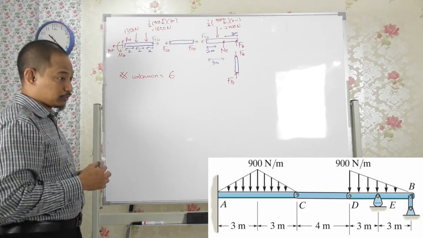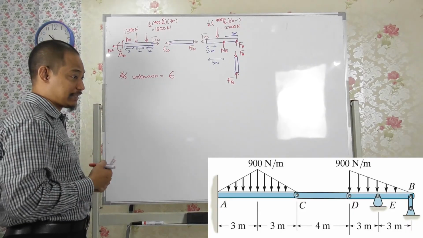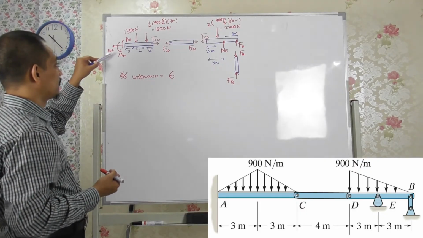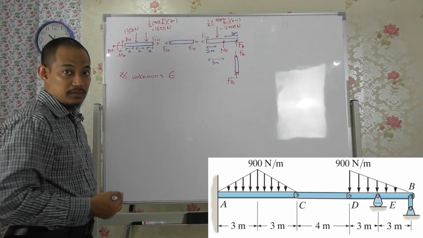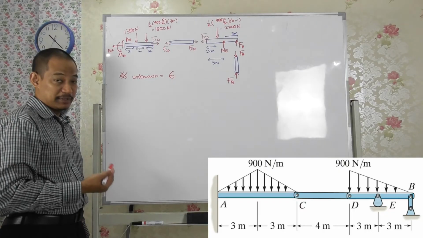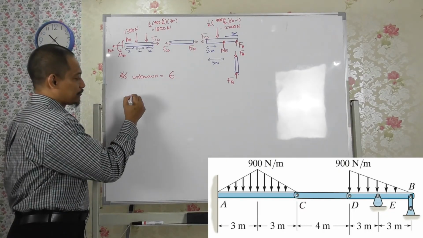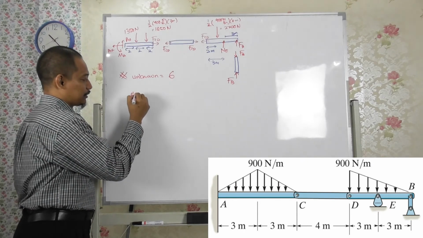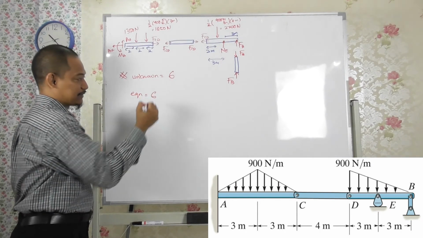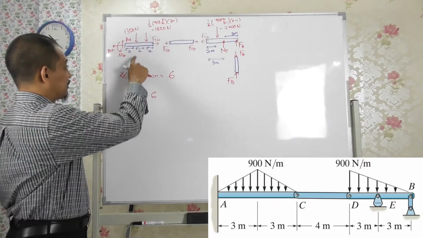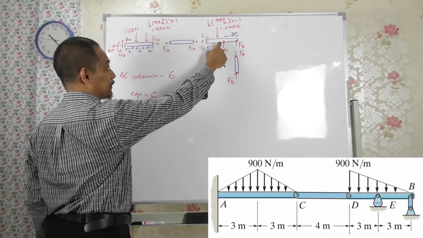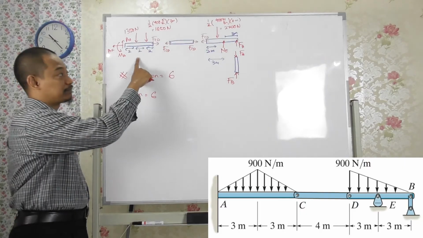Right. So next question. Can the support reaction at A and E be determined? So can you solve all of this? Explain your answer. This is related to the fact that you have 6 unknowns, and the equations are also 6. Why 6? You have 3 equations here and 3 equations here: Fx, Fy and moment.